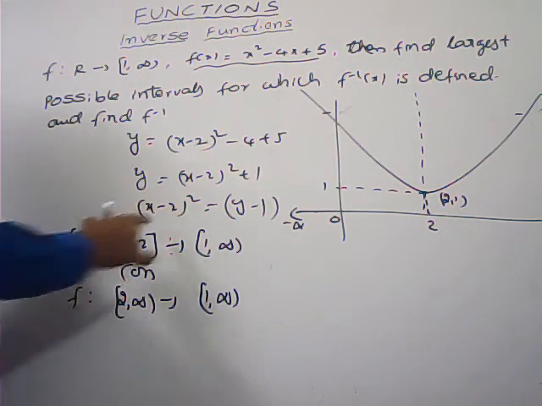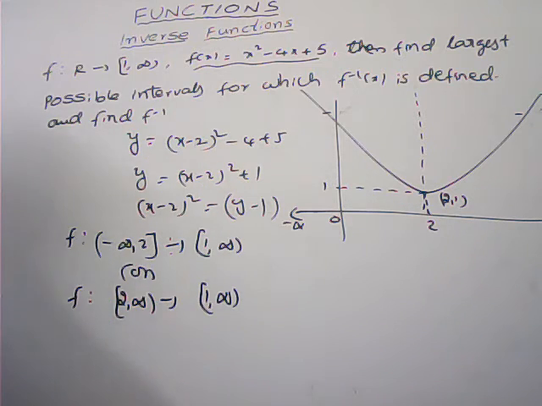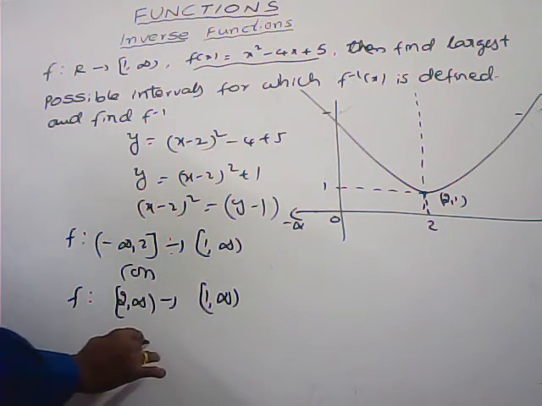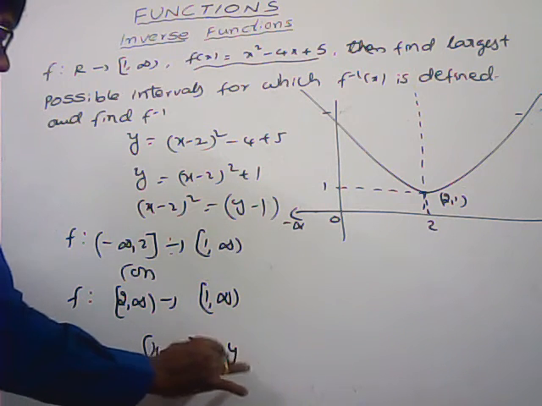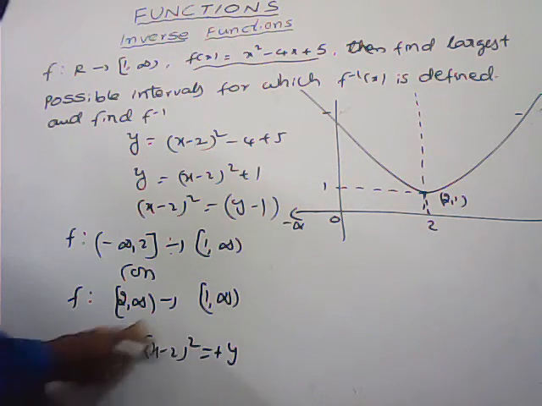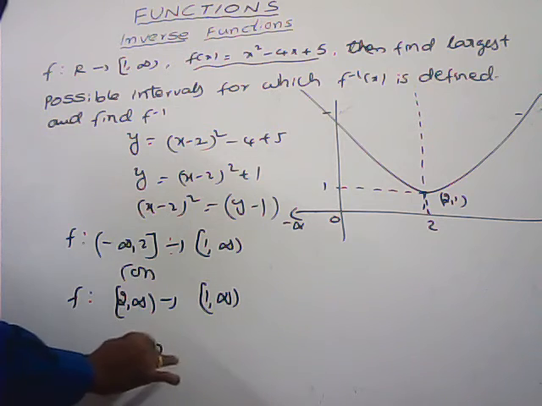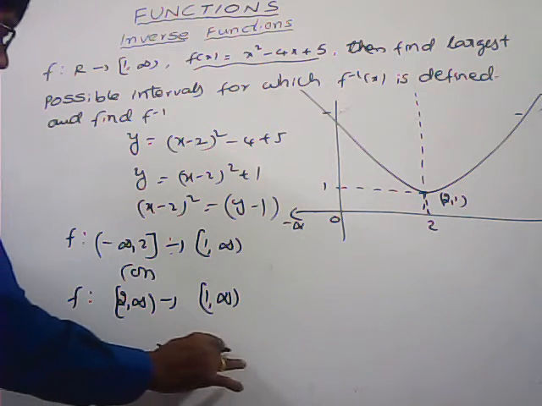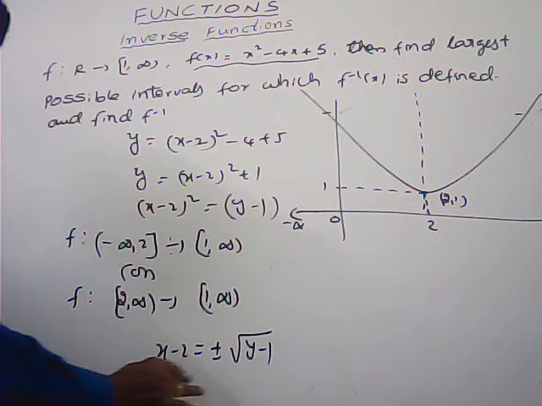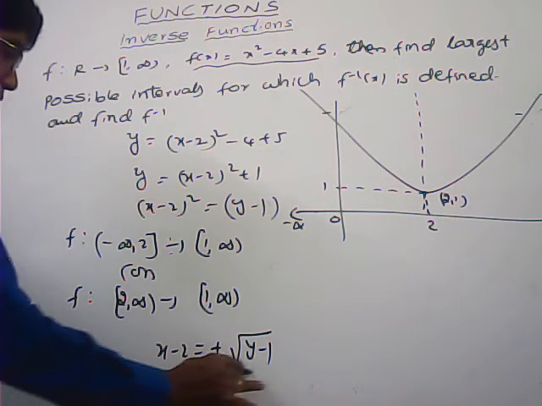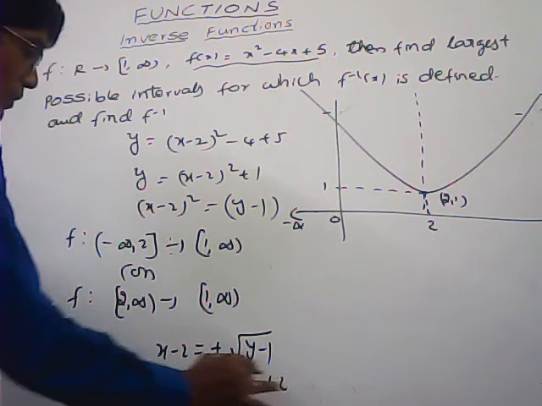Here, if I make x the subject, x minus 2 whole square equals y minus 1. If I take the square root, x minus 2 equals plus or minus root of y minus 1. Here x is equal to plus or minus root of y minus 1, plus 2.